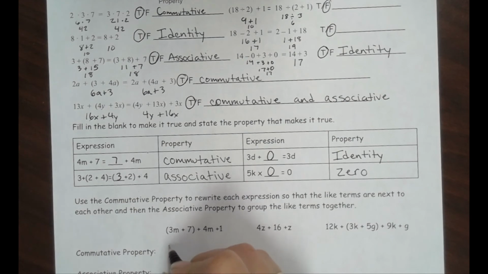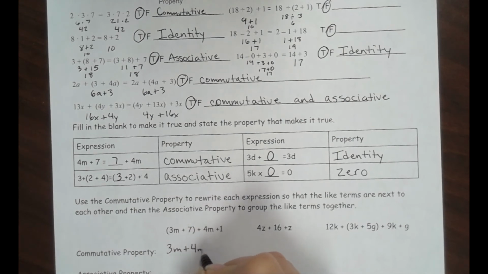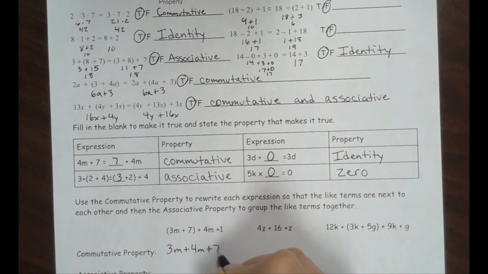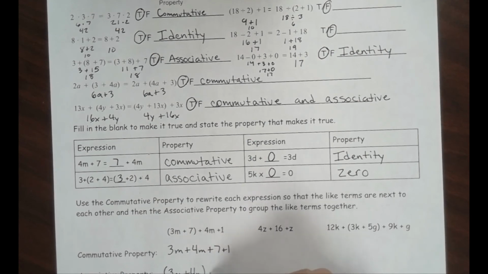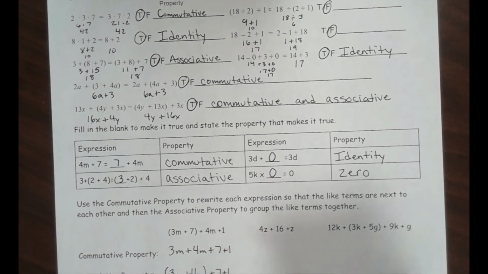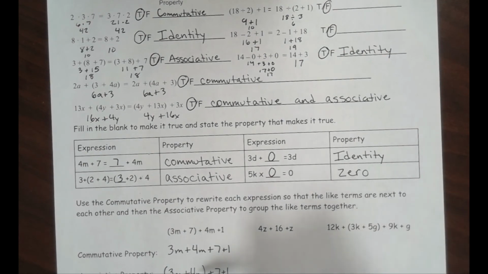So I can put 3m plus 4m together. And I can put 7 and 1 together. Now the associative property means I can put the grouping symbols other places. So I'm going to group 3m plus 4m plus 7 plus 1.